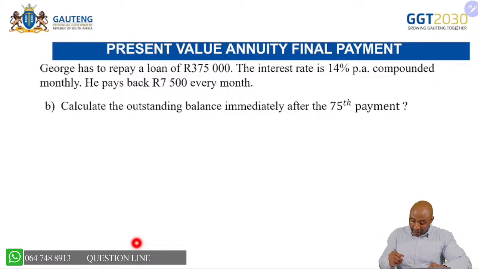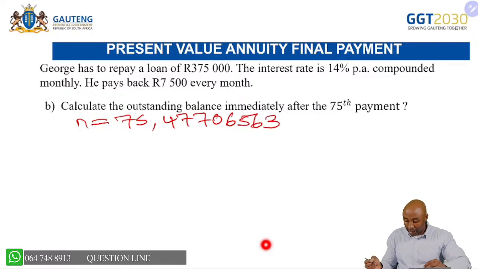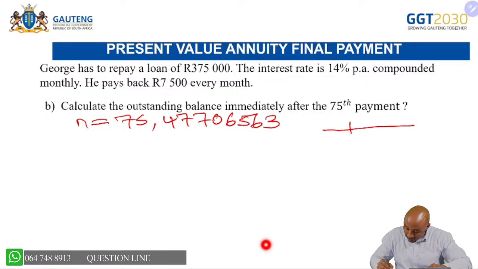And I know that when we calculated our N, we got our N as 75,47706563. That is the last payment. Now, it means we want to calculate the outstanding balance after T75, and the difference between T75 and 75,47706563.